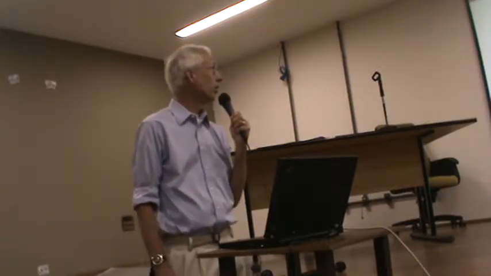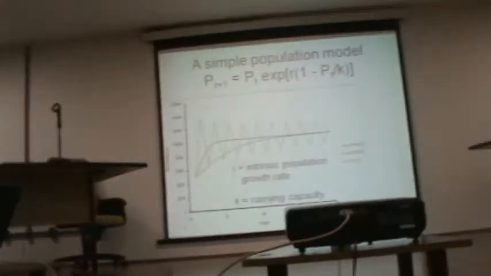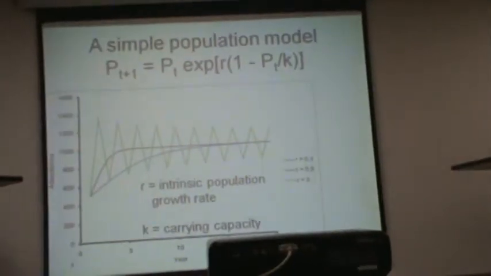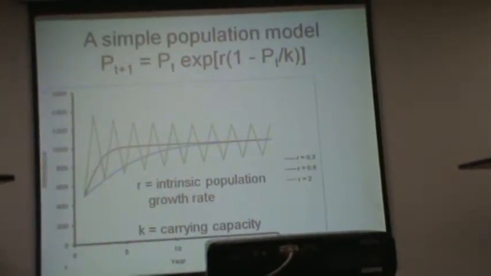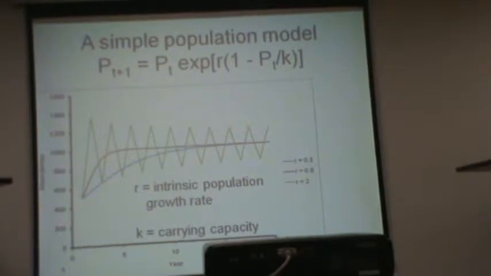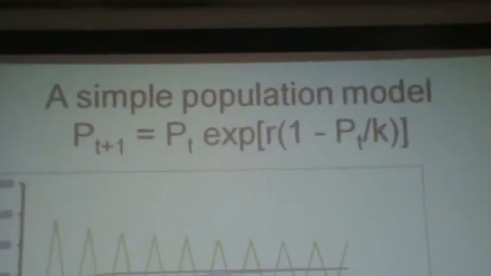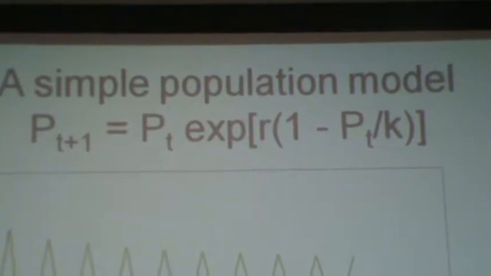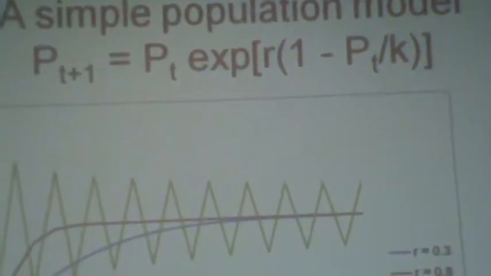So one of the most common simple models is this population model. Probably some of you are familiar with this. It's just a model of how the population of some group of animals changes; for example, this is widely used in ocean fish management.